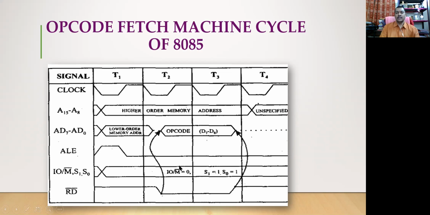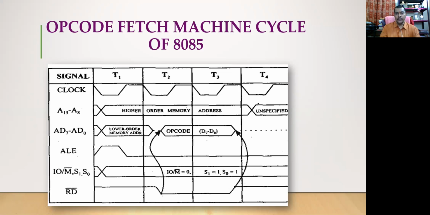Now when the third clock pulse comes, the opcode is given on the data bus, and the data is transferred to the microprocessor for further processing. During this time, the read terminal remains low. As soon as T3 is gone, the signals shift again to address latch enable.